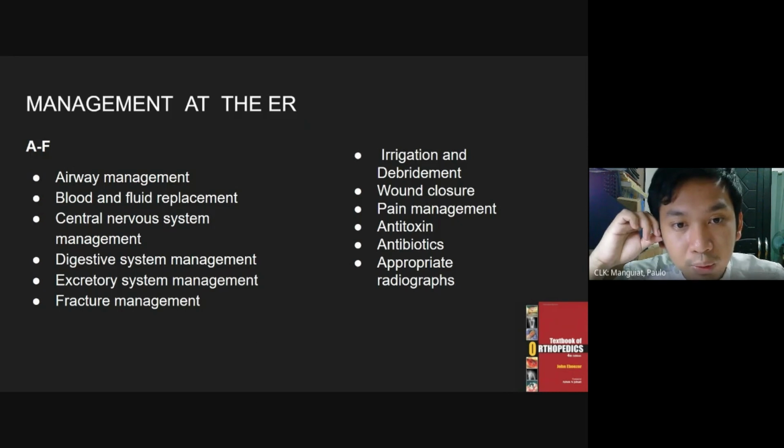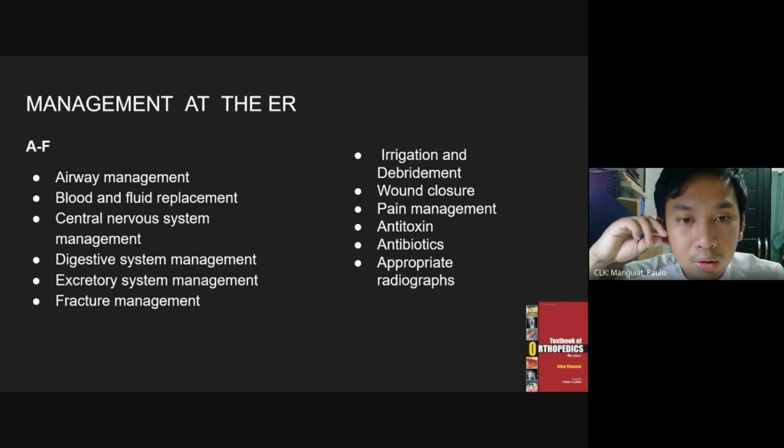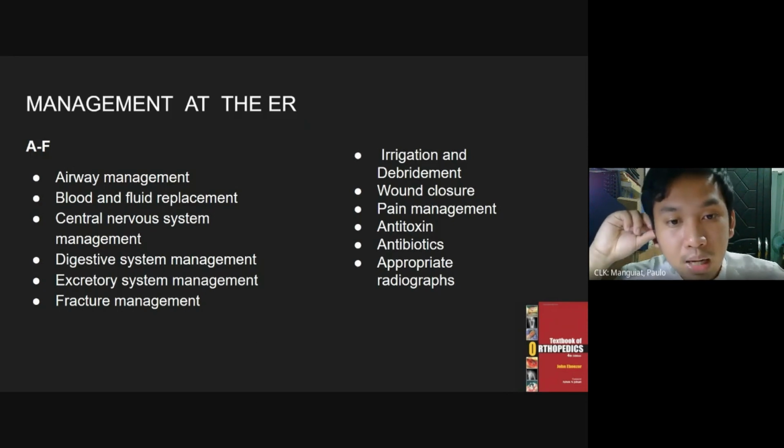After that, we could also do a wound closure. Usually, you can use simple interrupted suturing for the wound closure. Then for pain management, we give our patient NSAIDs, and also we can give antitoxins and antibiotics that cover gram-positive bacteria. After that, we can also use appropriate radiographs.